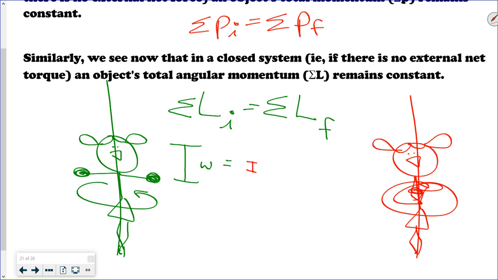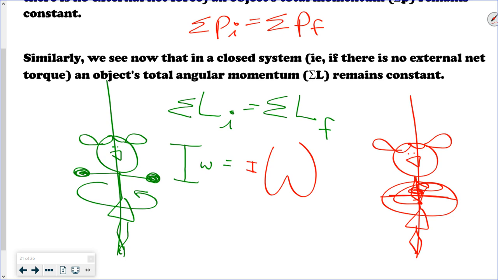But there are no external torques, because all of the force is in towards the middle. And so the angular velocity increases. This also works for collisions. So I'm going to do an example here that covers both bases.